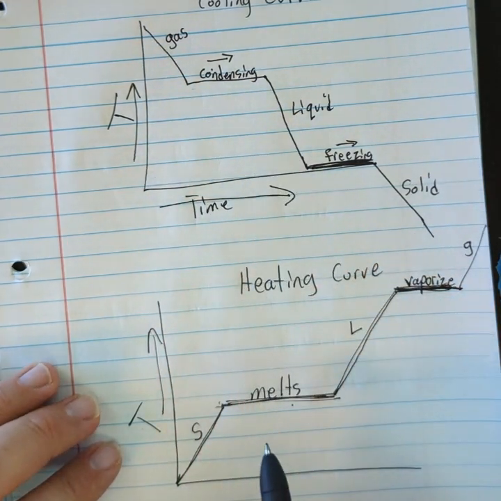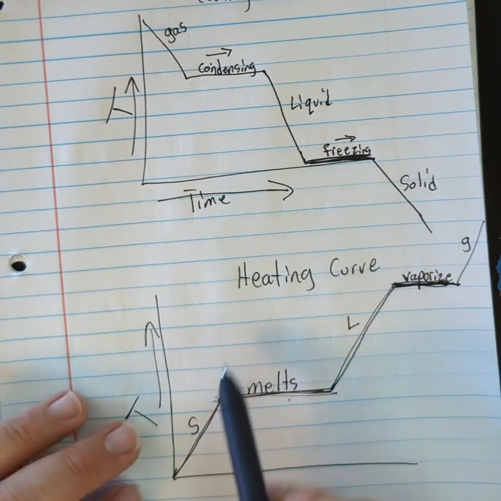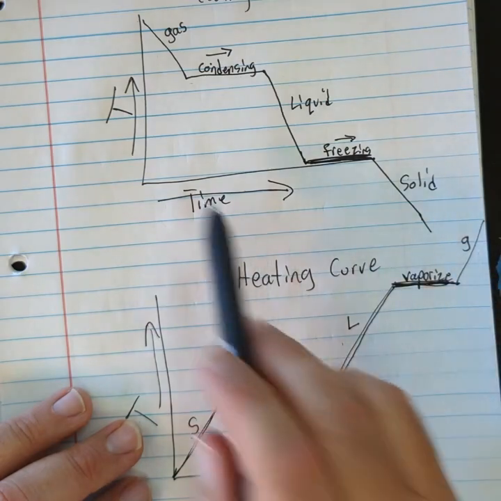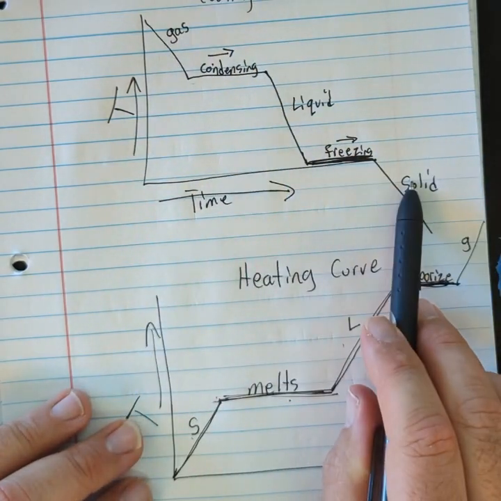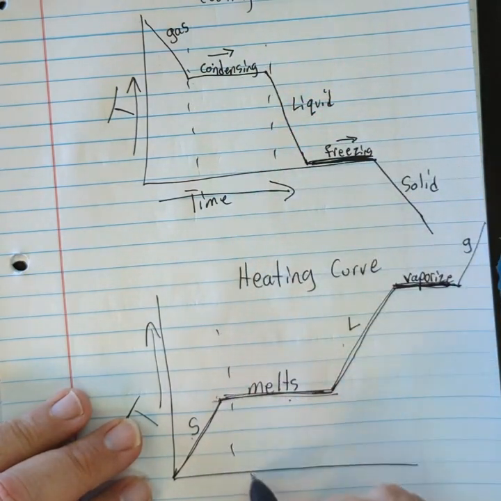So if the question is on a heating curve, it's going to be solid, liquid, gas. On a cooling curve, it's going to be gas, liquid, solid. And I would expect a question about these flat bits.